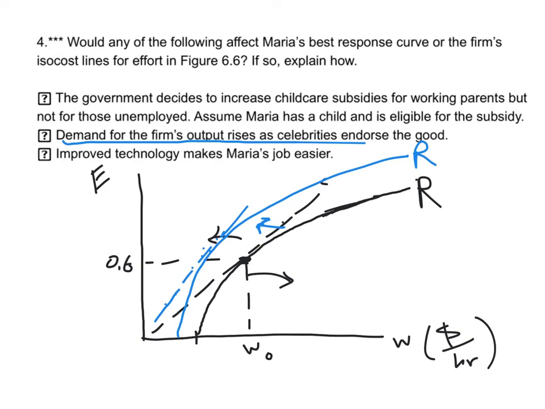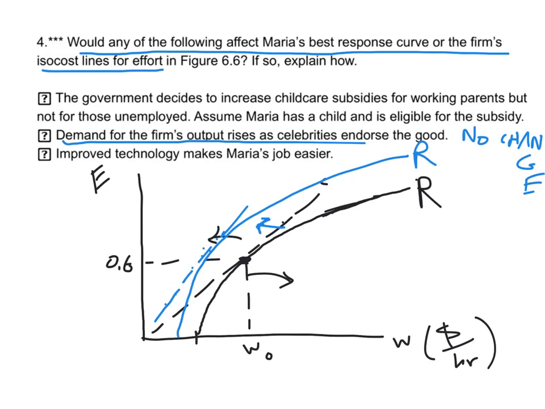So even if revenues are rising, the firm's still going to want to minimize its costs. So the reason why this is a tricky one is that this doesn't change anything. This is a no change event. If you look at the wording, would any of the following affect Maria's best response curve or the firm's isocost lines for effort? If so, explain how. And so in this case, the answer is no, no change.